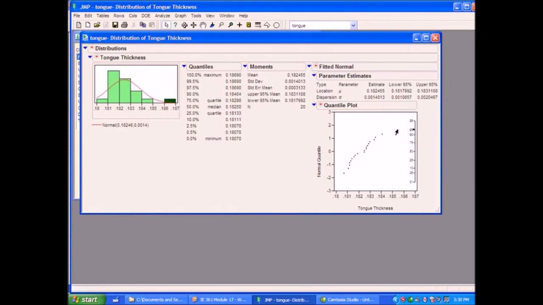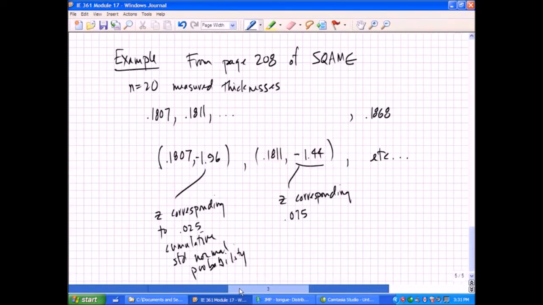This point would have to be pulled back to the left. This bar would have to be moved back to the left in order to make that distribution look normal. Okay, so that's how we make a normal plot.